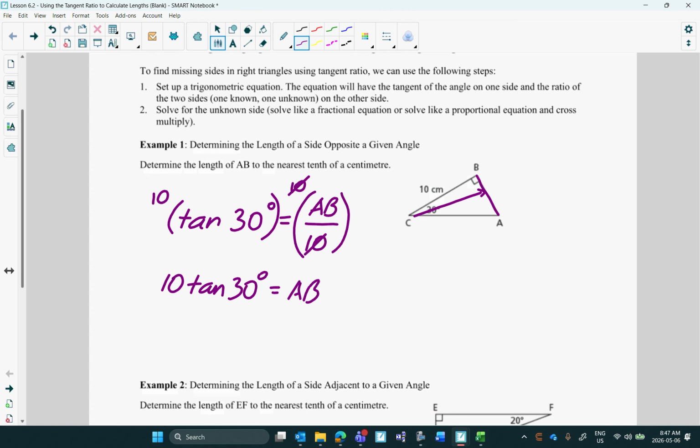So hopefully you've got your calculator with you. Try it. Everybody should be trying it because you got to know how to do it on the calculator you're using. Now yours would have to be different. You'd have to go 10 times 30 tan and then equals. For most calculators, you would just go 10 times tan 30 equals, and nearest tenth is one decimal place.